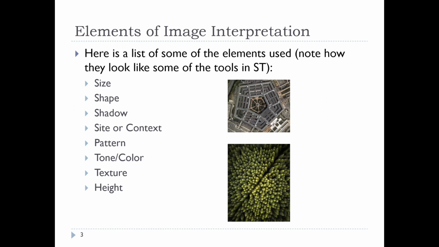And again, I've shown some examples. There's the Pentagon again. All we need to understand about the Pentagon is the shape, and we recognize it right away. Okay, we don't need other elements. And so sometimes one element of image interpretation gives you the answer. Other times you need multiple elements to help you out.